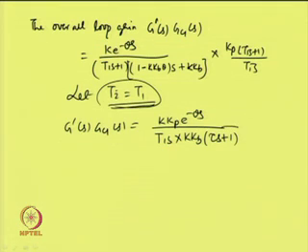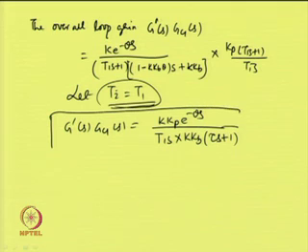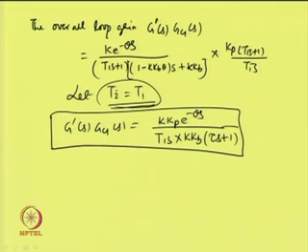Okay. So, with this loop gain, using the phase margin condition, it is possible to design the unknown K p.